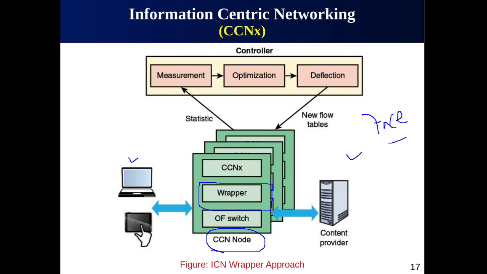This figure shows the overall architecture of this approach. We will not go into the detail of the ICN network because it is a huge topic in itself, and many terminologies are new for us.